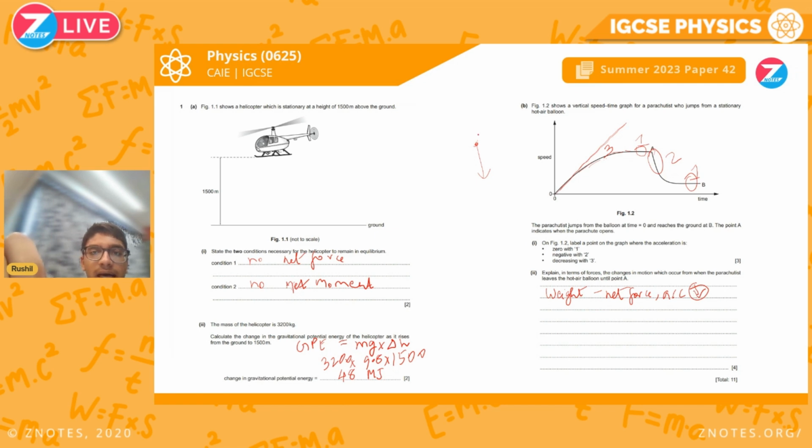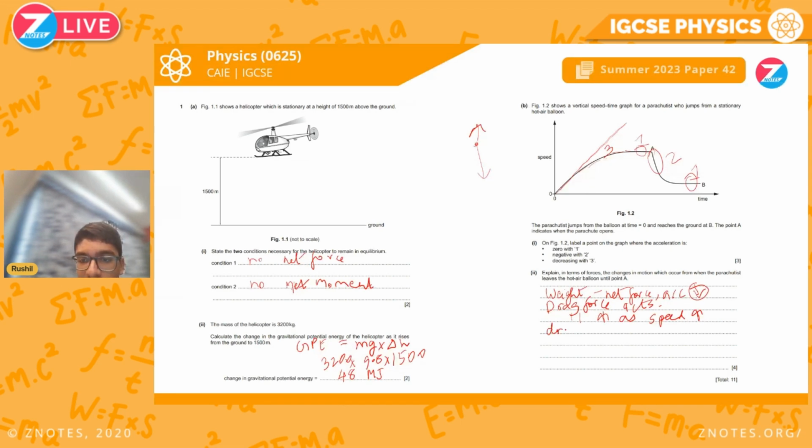As he accelerates downwards, the resistive forces of the air, or air resistance or drag, start to act in the opposite direction. So we can write drag force acts. And this drag force is directly proportional to the speed of the body. As the person keeps accelerating and the speed keeps increasing, the drag force keeps increasing.